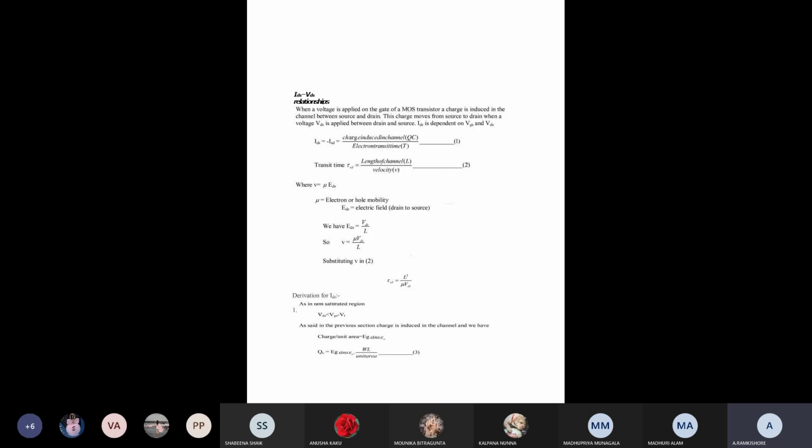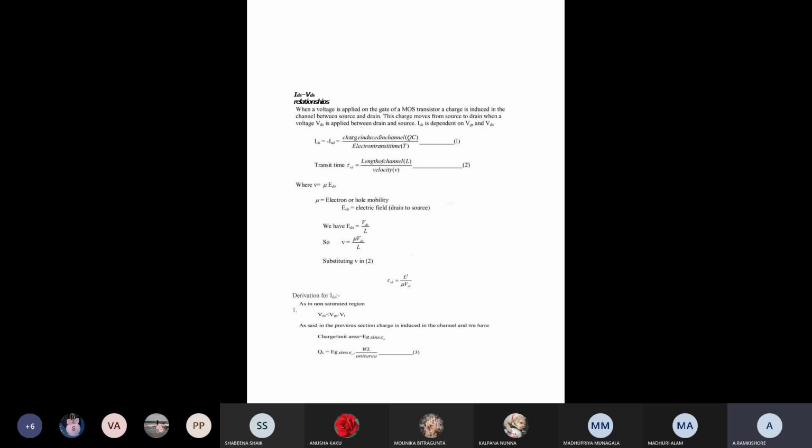Now I have to consider the MOS device in two conditions: one is the non-saturated condition and another one is the saturation condition. In this case, the charge induced in the channel in the MOS device is due to the voltage difference between the gate and channel.